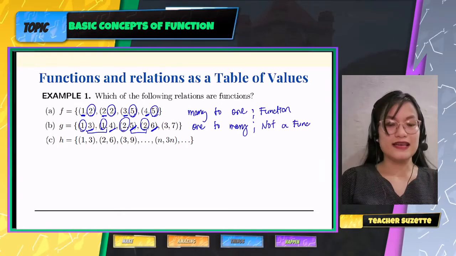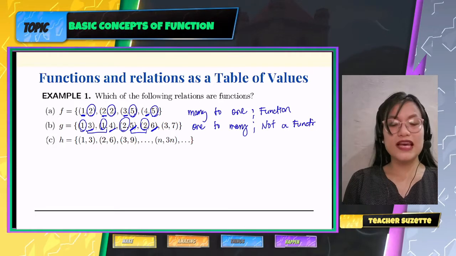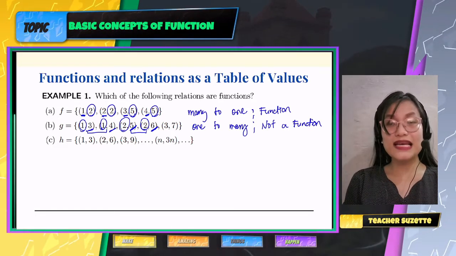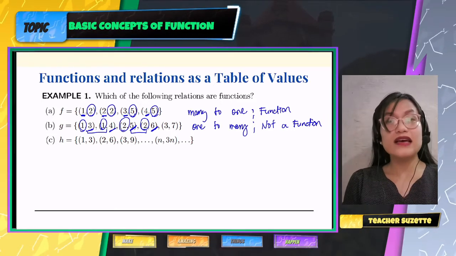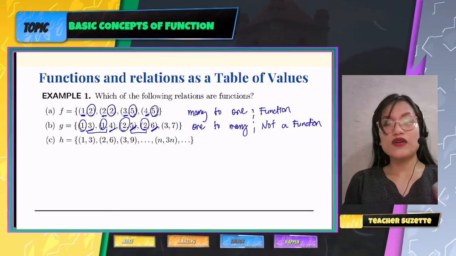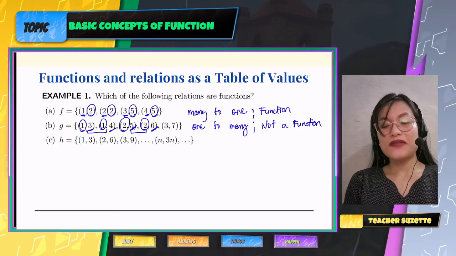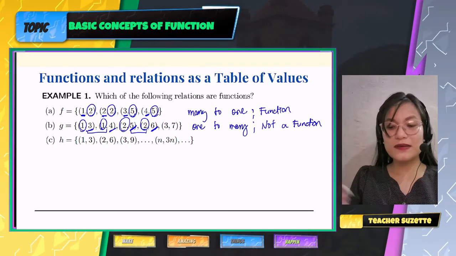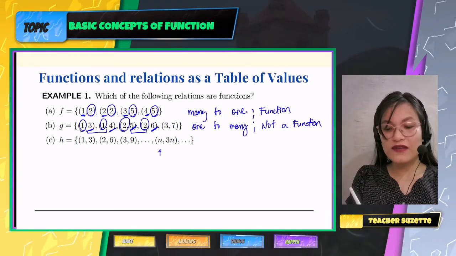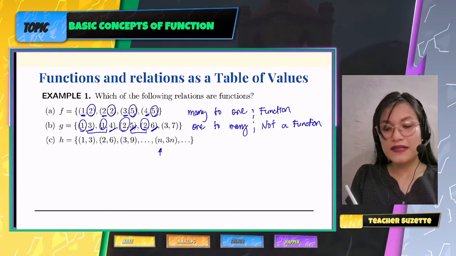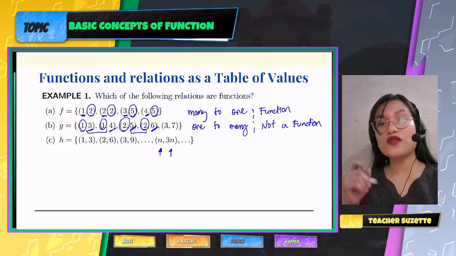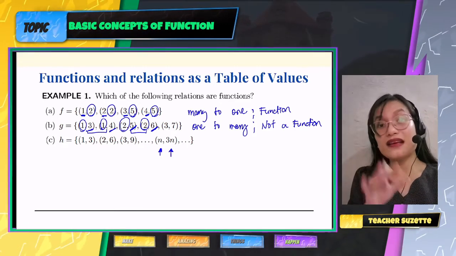And lastly, let's have letter C, which is H is equal to {(1, 3), (2, 6), (3, 9), ...}. Meron siyang formula or meron siyang susundin na pattern which is (n, 3n). And if you check, kung magsasubstitute ka dyan ng 4 or any values ng n, mapapansin mo that definitely the next value or the value of your computed y is not the same.